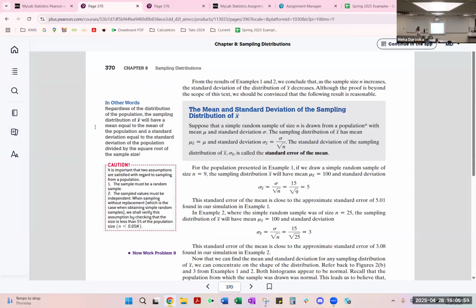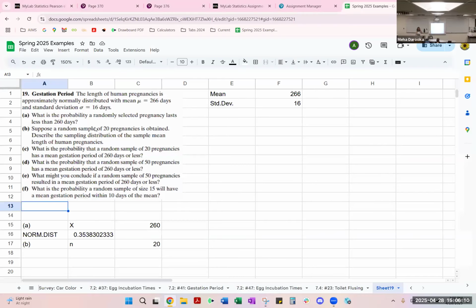So the sampling distribution will have a mean the same as the population mean, and the standard deviation has that formula there. So based on that, what are we going to have for this?